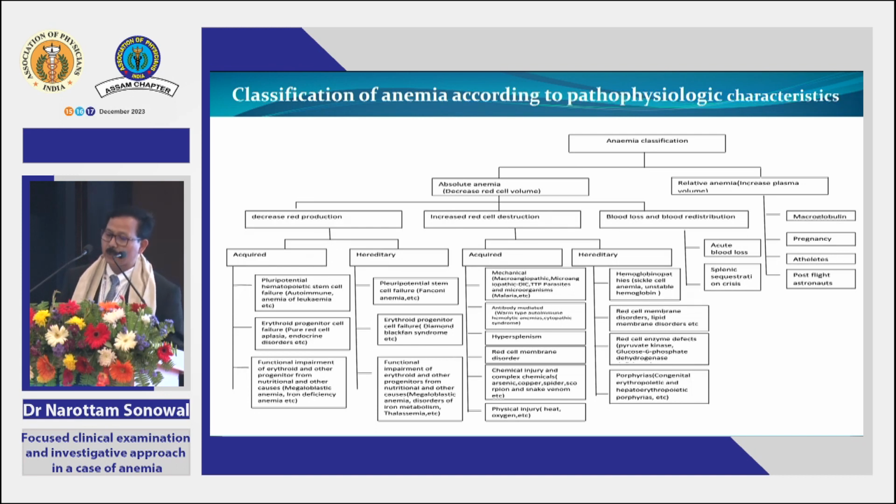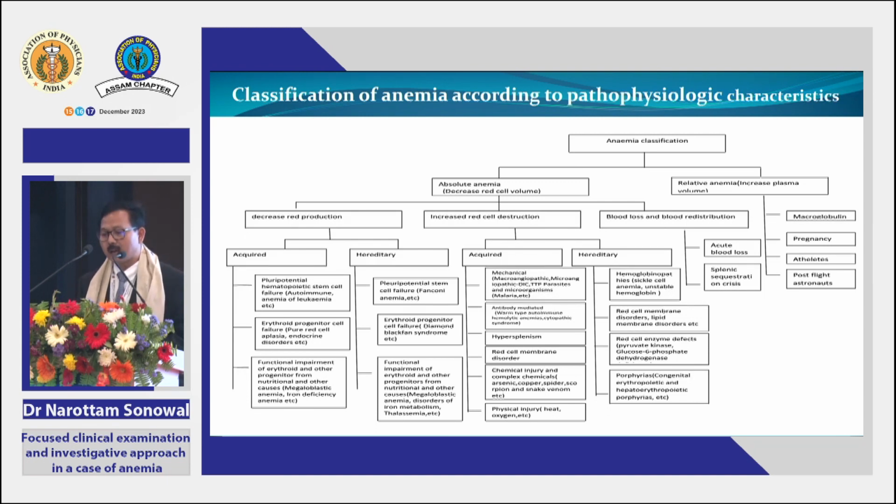Then the hereditary causes may be hemoglobinopathies or unstable hemoglobin, red cell membrane defect, enzymatic defect, and some porphyrias like congenital porphyrias and hepatic porphyrias. The other group is due to increased blood loss, which may be acute blood loss or splenic sequestration crisis.